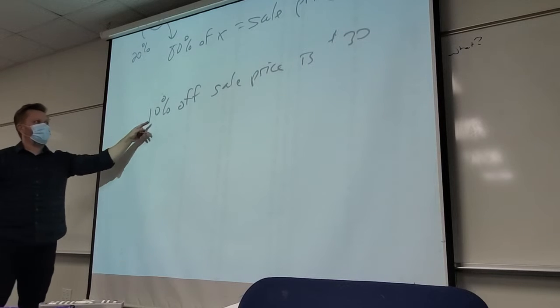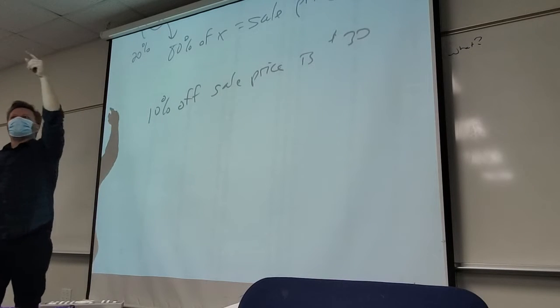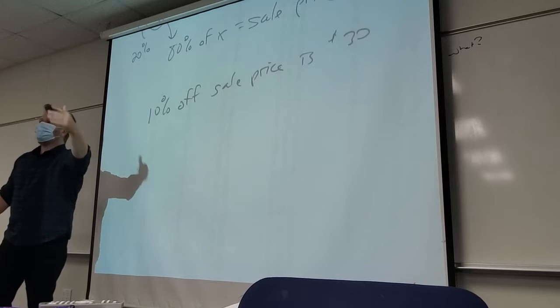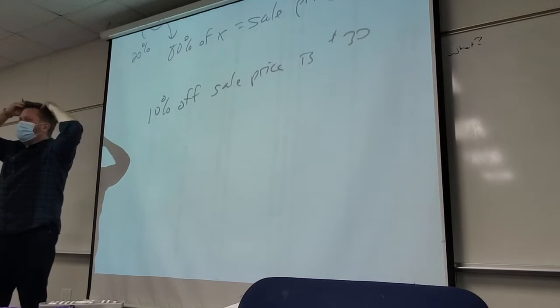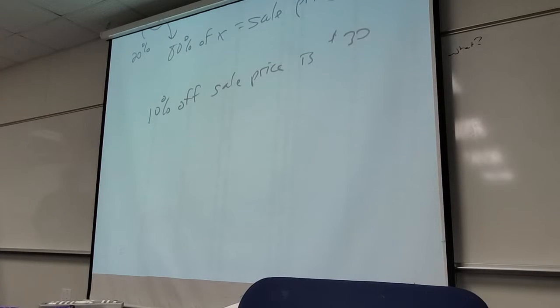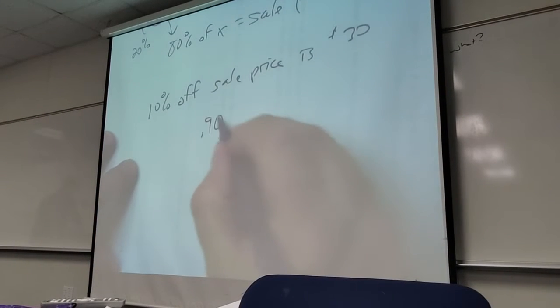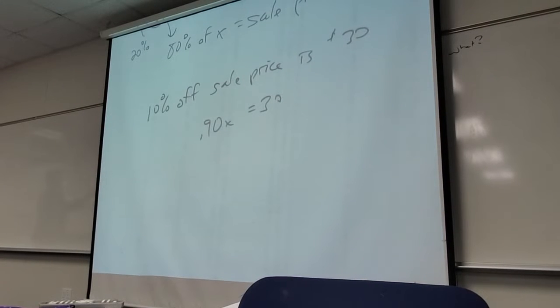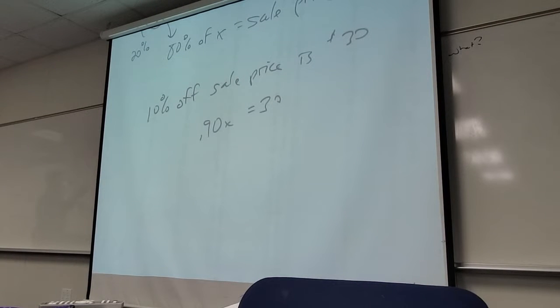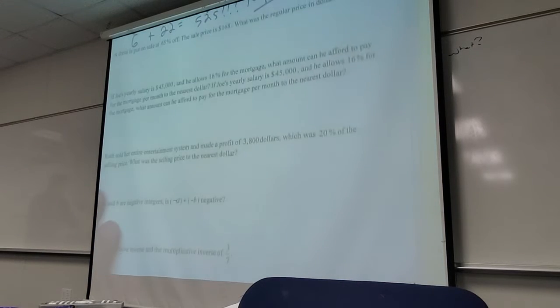If I take 10% off, there must be 90% of the price left. And that is 30 bucks. They tell me what the price is that's left at the end, right? So that means the 90% that's left must equal $30. And then I just have to divide to get the answer, correct?